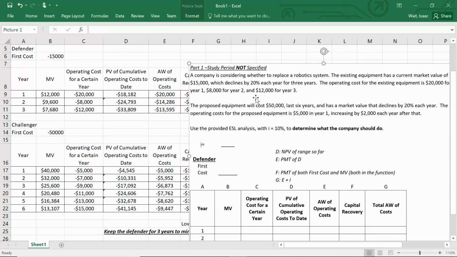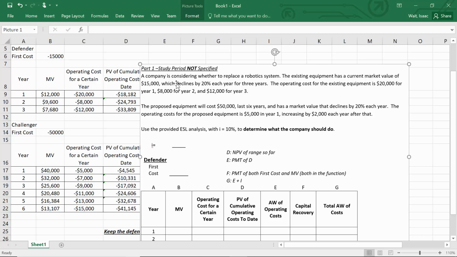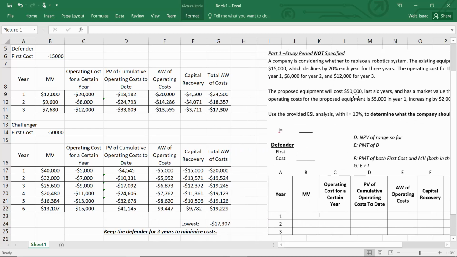Now the next thing is, it said the market value declines by 20% each year for 3 years. So the way I set that up is, as a market value, if we do sell it, it's positive instead of negative. So if we do sell it, these market values should be positive amounts. And to go from 15,000 to 12,000, that's a 20% reduction, or in other words, you're keeping 80% of the value.